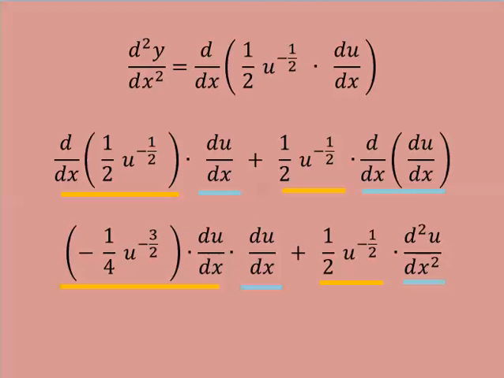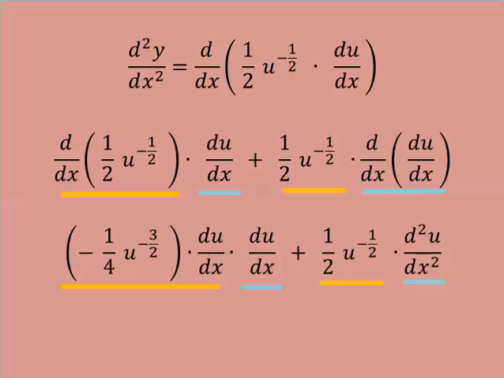So that first yellow line, look down to the first yellow line of the last. Well, I guess it's a line, but I don't want to use the word line too many times. So the derivative with respect to x of 1/2 u to the negative 1/2 power. I bring down the negative 1/2, and that's why I have negative 1/4.